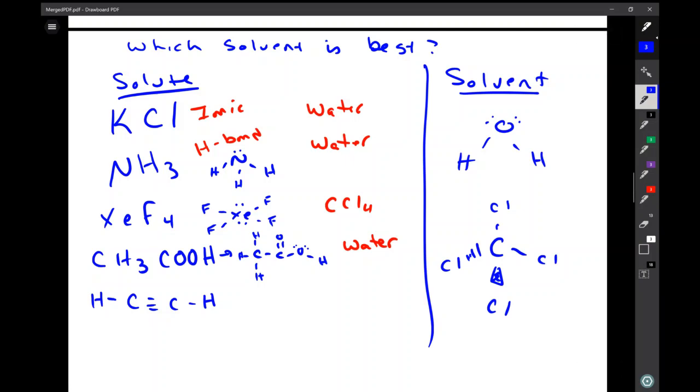Alright, if you remember, that is acetic acid. Obviously that's vinegar, and it dissolves in water. You have your negative oxygen here, you have your hydrogen bonding right there, so that's a pretty good polar molecule. So yes, water would be the one for that.